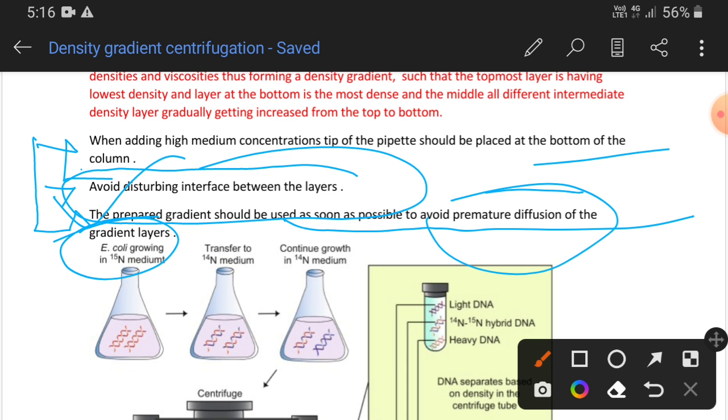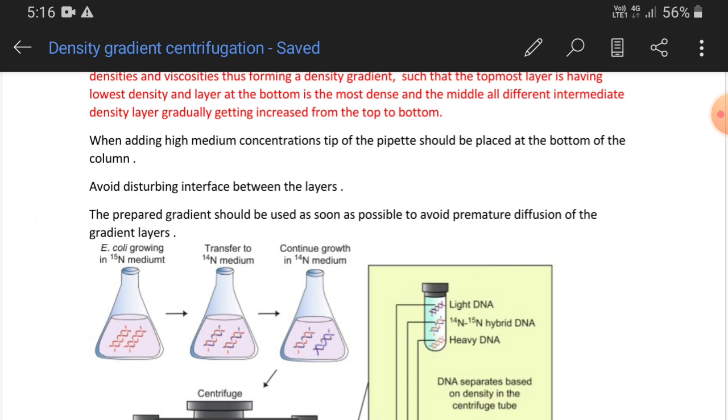It is obvious, right? We have prepared a gradient, it cannot last for a long time, we have to use it at once. So three precautions are very important for university purposes, as they can ask what precautions you have to keep in mind in case of rate zonal centrifugation.